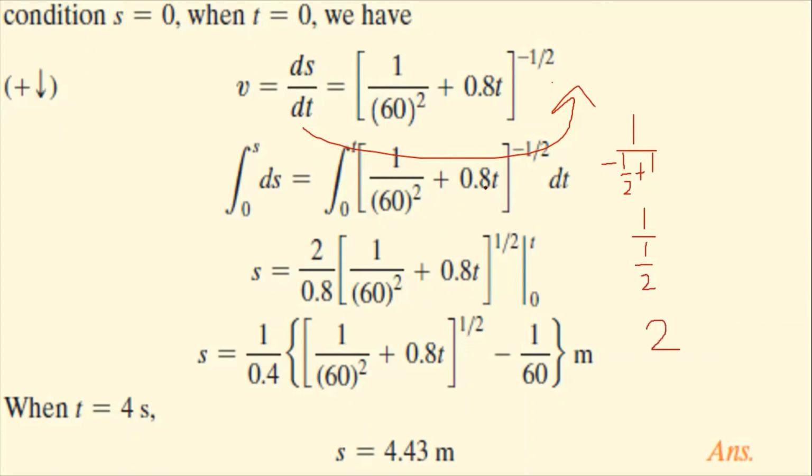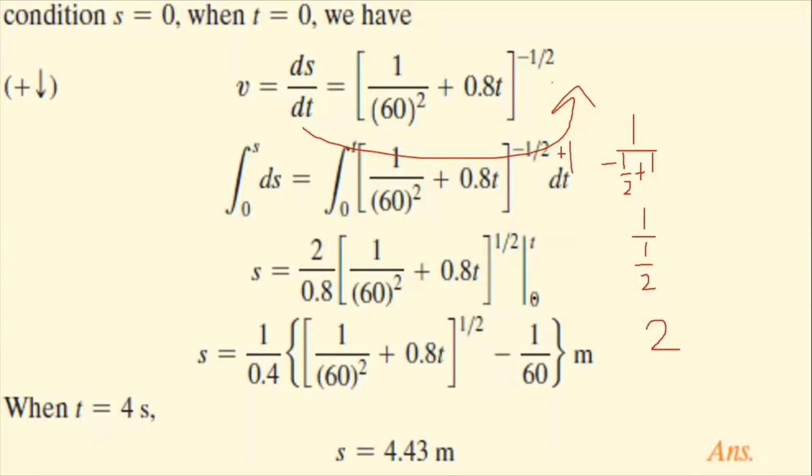And when we take the integration of this, 0.8 as a coefficient comes outside. So what will happen? 2 upon 0.8 due to this 0.8t, because we will take it down. And what will happen? 1 upon 2. So it will also be minus 1 upon 2 plus 1. So it will become positive 1 upon 2.